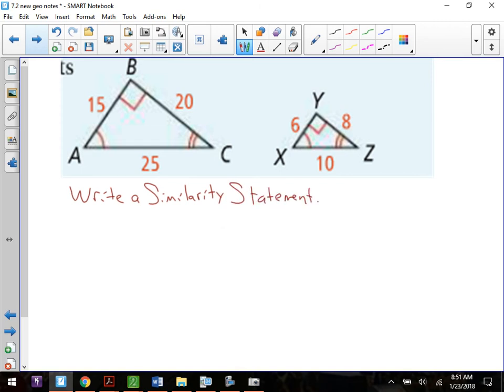Writing a similarity statement means writing triangle ABC, triangle BAC, however you want to start your labeling of the triangle. Does it match up to angles on the other triangle? If you look at the diagram, do all three angles match? Yeah, so we know right off the bat that all three angles match up. So that's the first thing you check off the list, that we know it could possibly be similar.